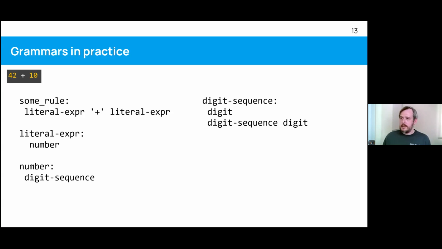Okay. So what does this definition tell us about how we recognize a digit sequence? Well, if we see a digit, we can say that what follows is probably a number. Like our digit sequence may be just one digit, which is a sequence, kind of.